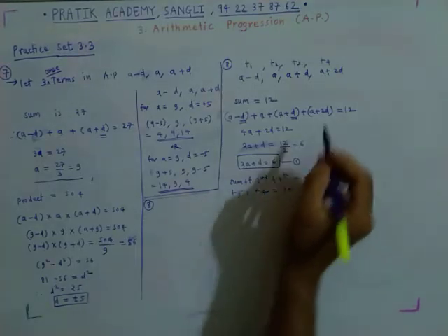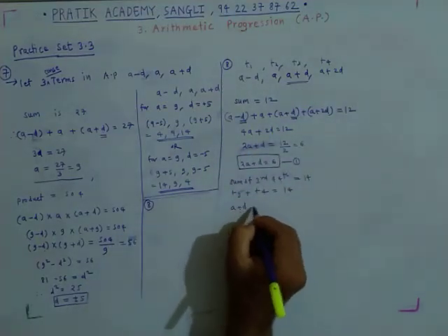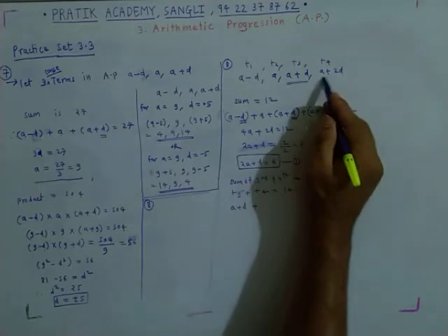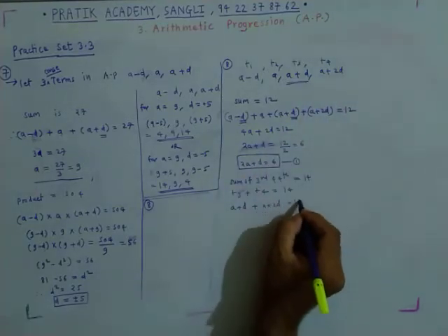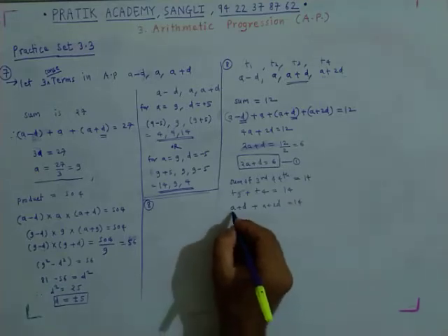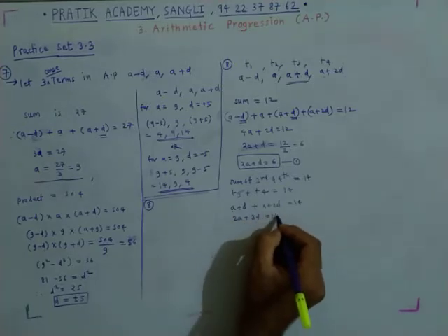What is t3? t3 is a plus d, plus a plus 2d is equal to 14, so 2a plus 3d is equal to 14. Call this equation 2.